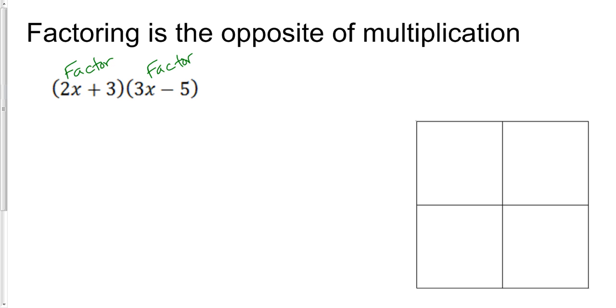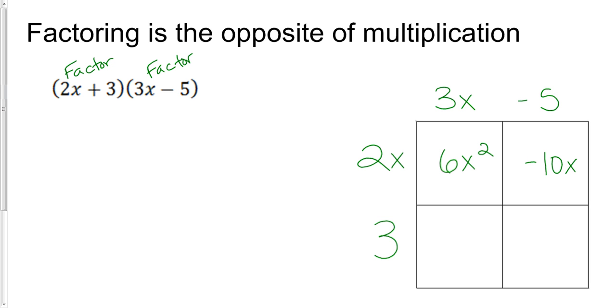So recall from the multiplication video, that when we multiply our factors together, we put the first one down the side, the second one across the top, and then we multiply together to get what's inside. So 3x and 2x would give us 6x squared. 2x and negative 5 would give us negative 10x. 3 and 3x would give us 9x. 3 and negative 5 would give us negative 15.